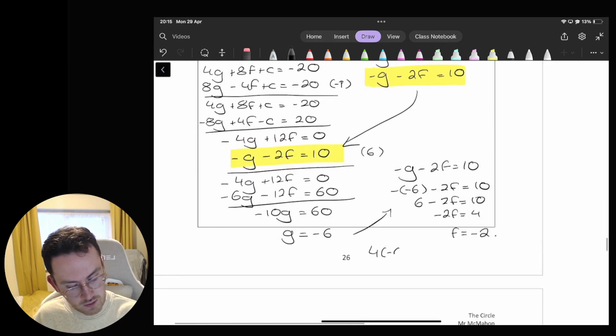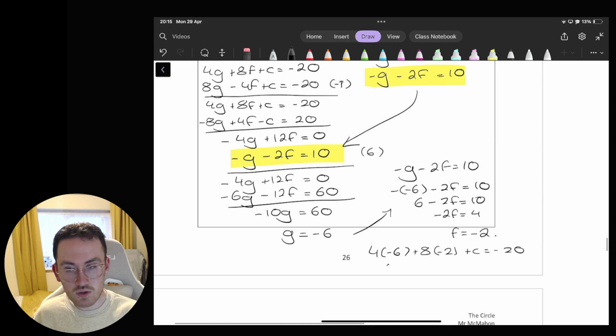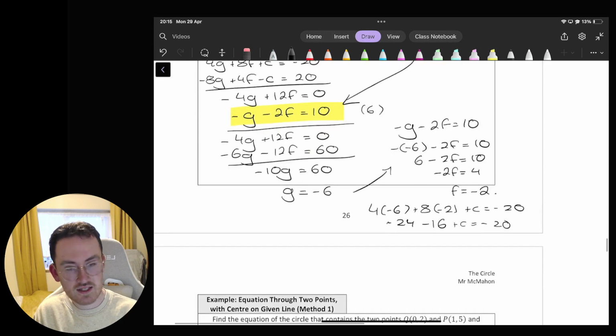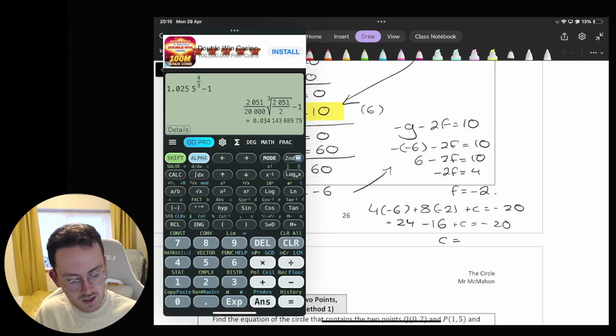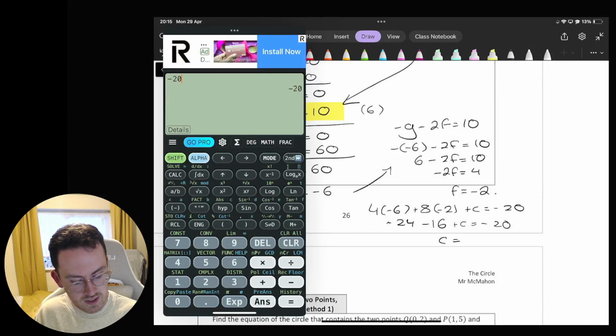So 4 times minus 6 plus 8 times minus 2 plus c equals minus 20. So minus 24 minus 16 plus c equals minus 20, and c is equal to, so let's see what that gives me overall here. So minus 20 plus 16 plus 24 is going to give me 20 overall for c.